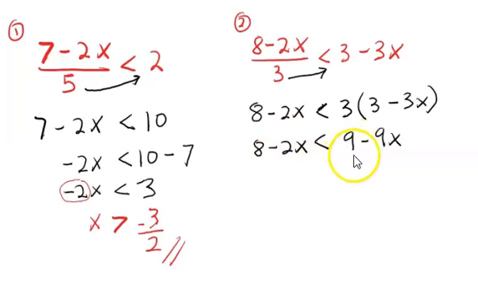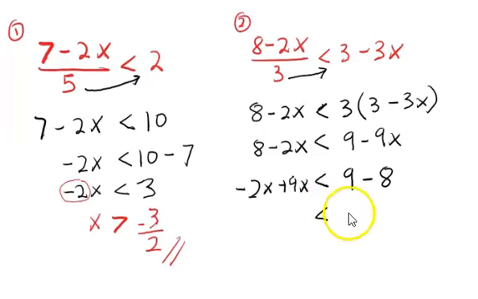Okay, then we gather the x and the numbers. So now we have there 9 minus 8. Then we have negative 2x plus 9x.